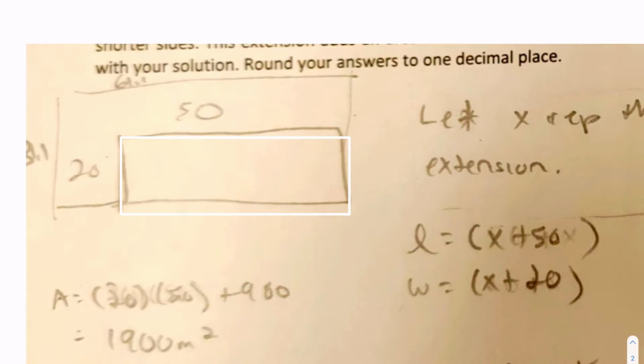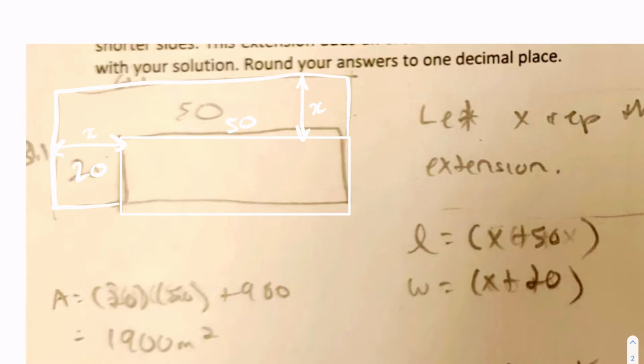Here she extends by a uniform amount to the 50 meter side, and also to the 20 meter side. She extends by a uniform amount, and this goes to the edge like that. Because this is a uniform width, uniform meaning the same, it's going to be that far on this side and that far on this side.